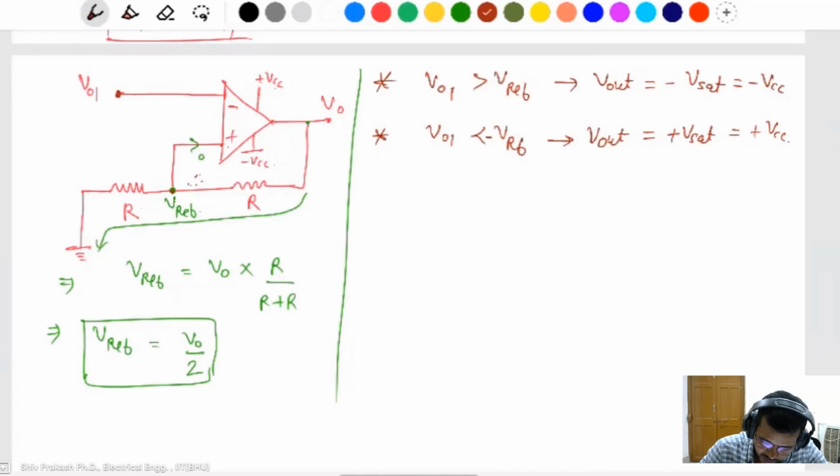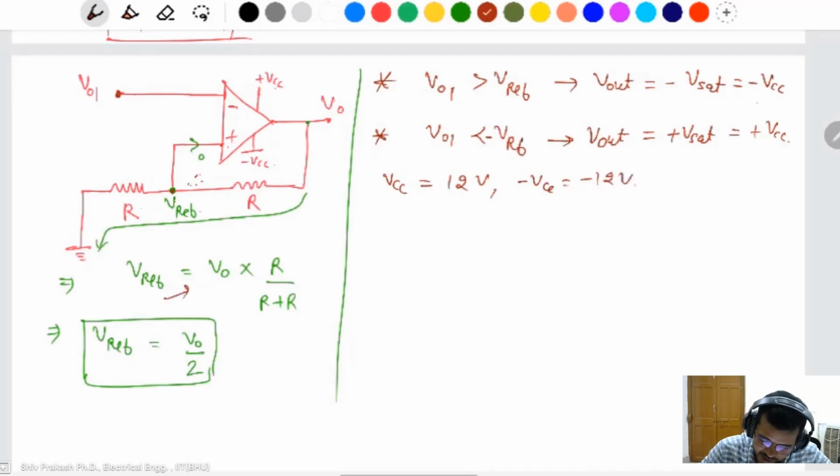First I'll find the reference value. In the given question, VCC is given as 12 volt. Then the output is plus VCC or minus VCC, so minus VCC is minus 12 volt.